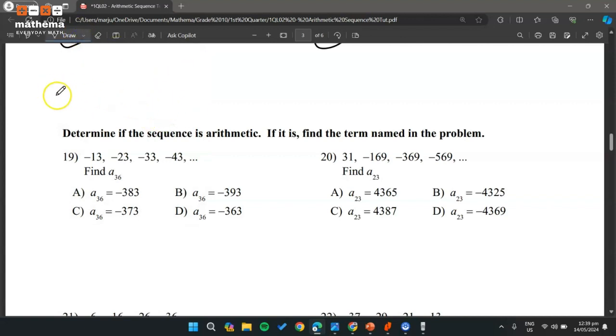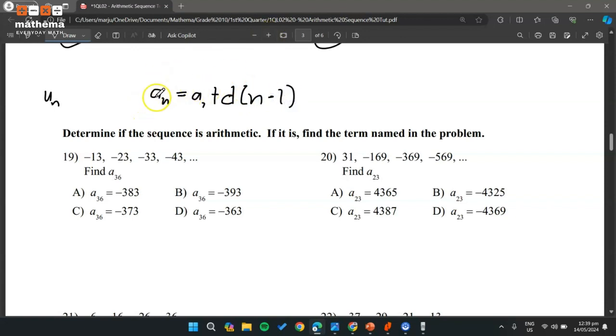Some books use u sub n, but since the given is in a, I'm going to make use of a sub n. So to find any term in an arithmetic sequence, we are going to make use of this formula: a sub n is equal to a sub 1 plus the common difference d times n minus 1.